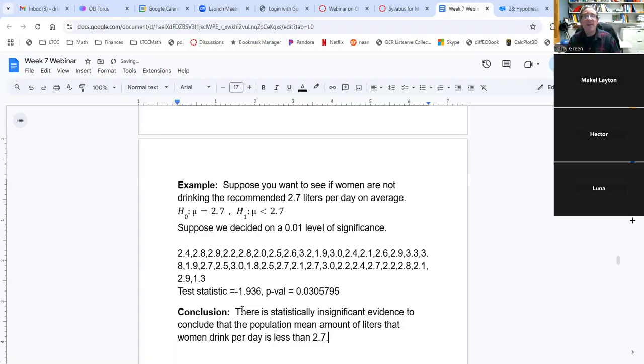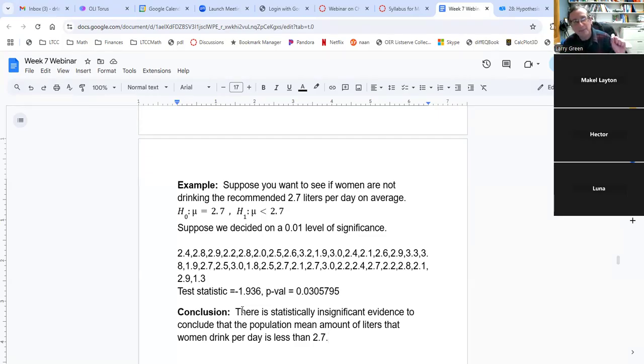Does that mean that, if we can't conclude it's less than 2.7, we can conclude they're really drinking 2.7? Can we conclude that? Okay, the answer is no. You can never conclude H naught. Don't even think about it. All you can say is that we don't have evidence to show that it's less than 2.7.